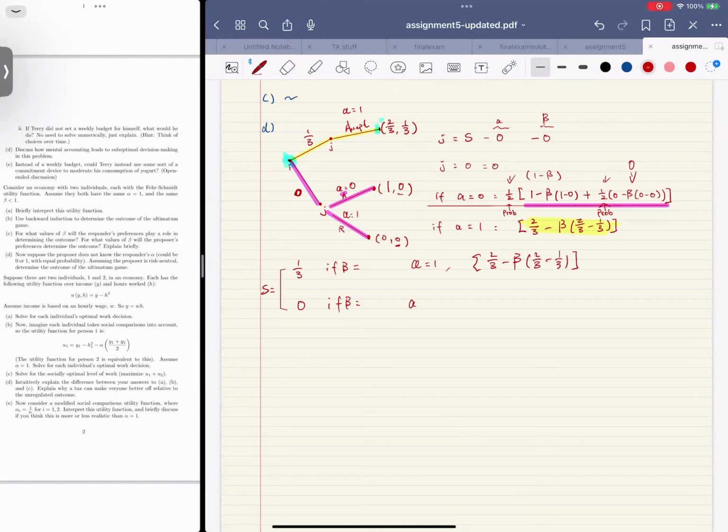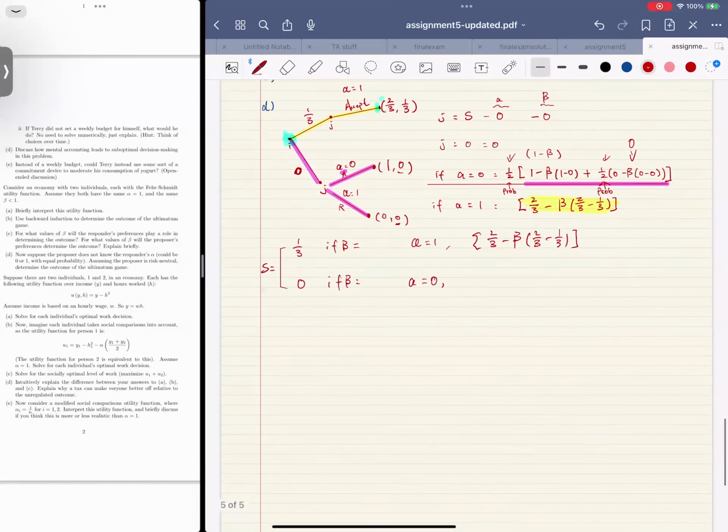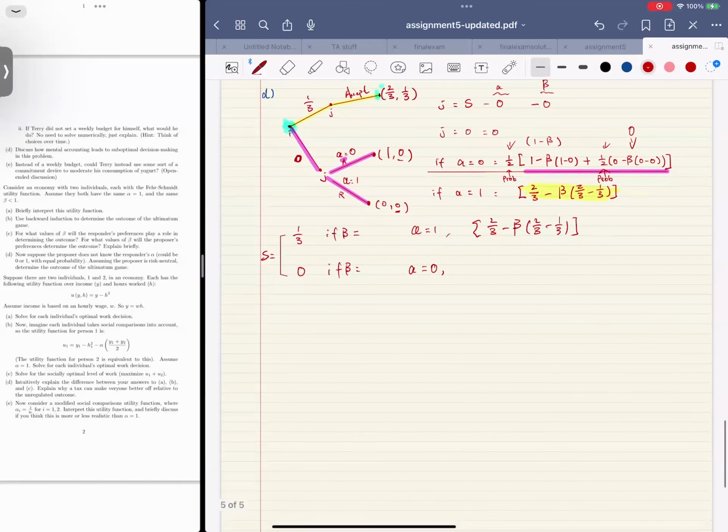But if A equals 0, we will still have a case that, no, that's not taking 1/2 into account yet.